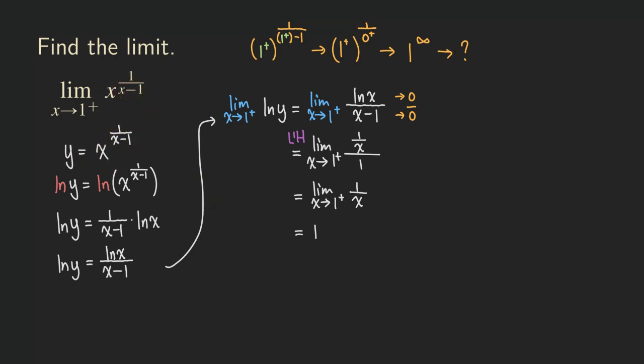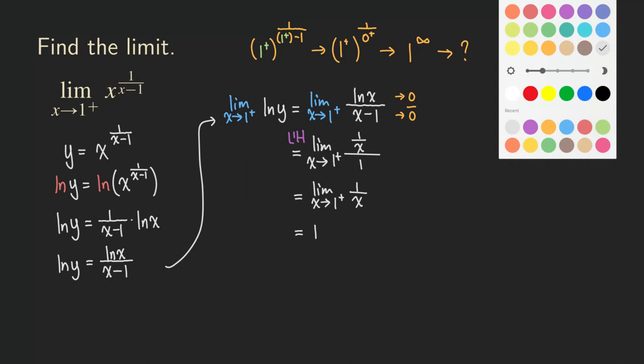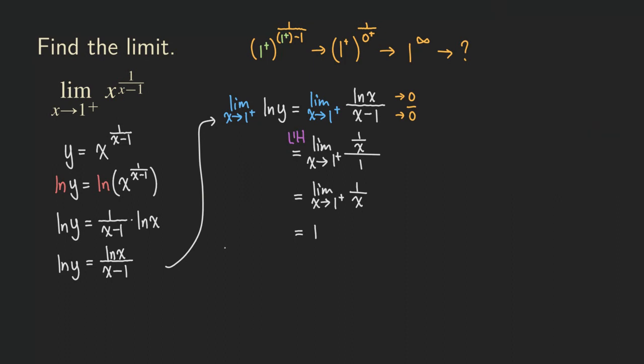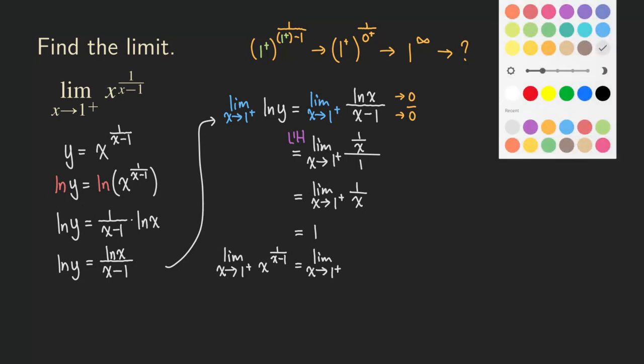What we are going to do is just go back to our limit problem here. So we go back to our original limit problem, x to the 1 over x minus 1. And that's actually just equal to what? That's actually just equal to the y, right? Yeah, so that's just equal to the y.